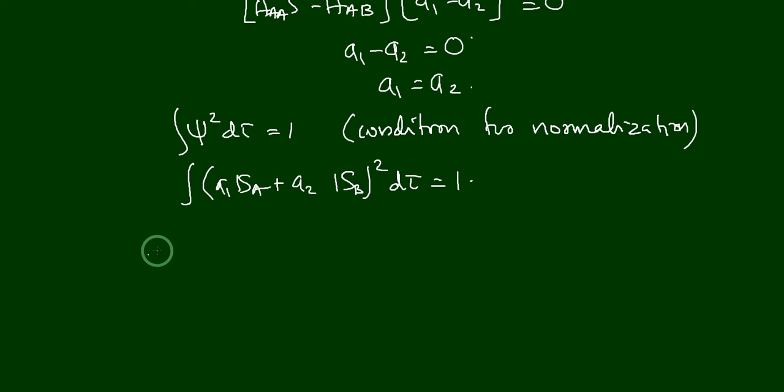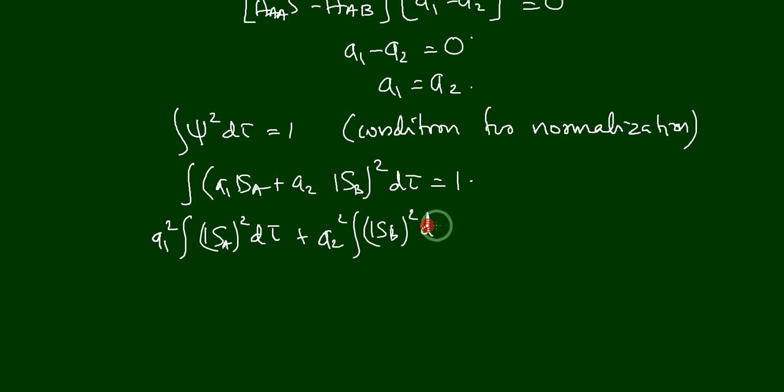It means the integral A1 square 1sA square d tau, plus A2 square integral 1sB square d tau, plus 2 A1 A2 integral 1sA 1sB d tau is equal to 1.